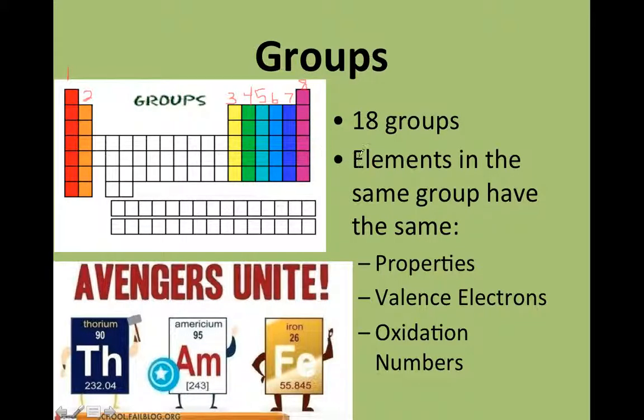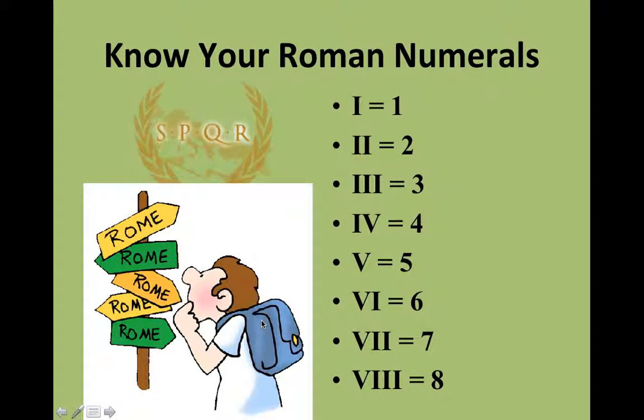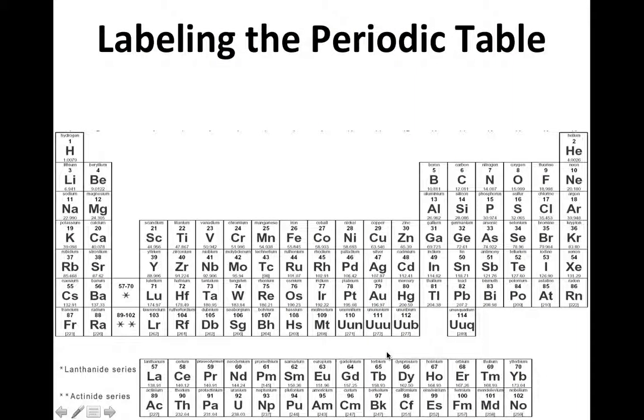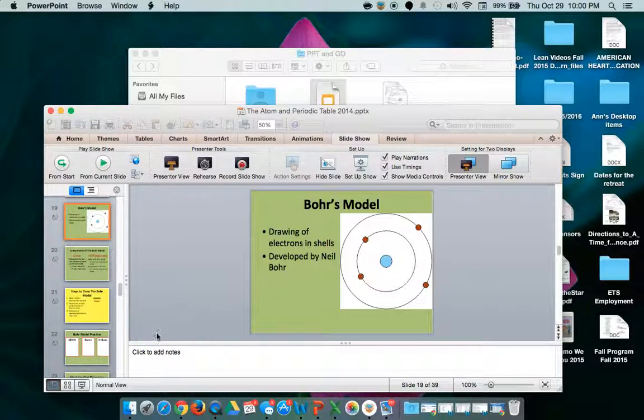And basically what it means is that it tells us how many electrons are found in the very last outer shell. Okay? And it's usually the number next to the letter A. And just to help you, these are the codes for the Roman numerals. Okay? And that's where we're going to stop for this video presentation for now.